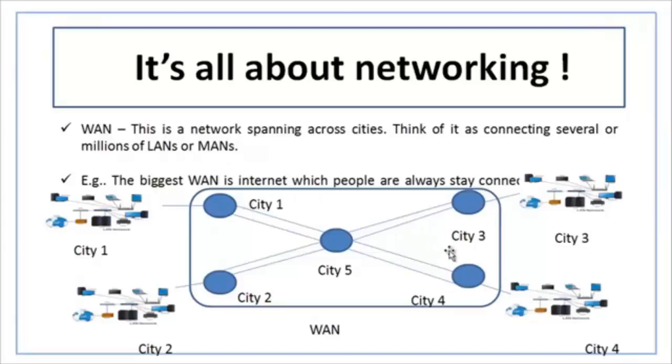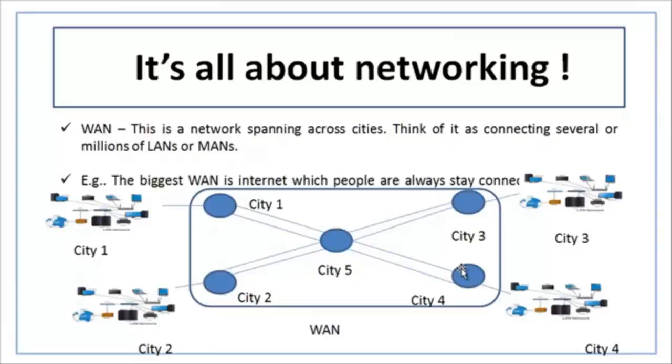WAN cannot be owned by a single entity. Let's imagine this city 1 is in one country and you're connecting another city in another country. Definitely the service provider that you have in your country will be different from the service provider in the other country.